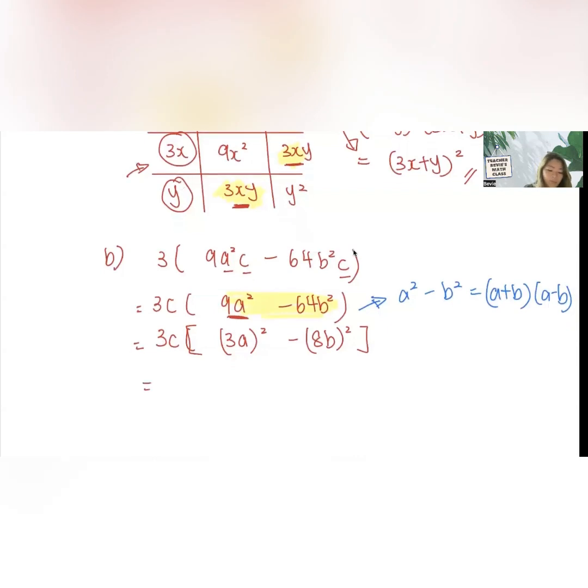From here, I can further factorize it. (3a) squared minus (8b) squared using that special identity gives me (3a plus 8b)(3a minus 8b). Just a quick scan: is there anything else that I can do to factorize this equation? No, there isn't. So this is my factorized version of part B.